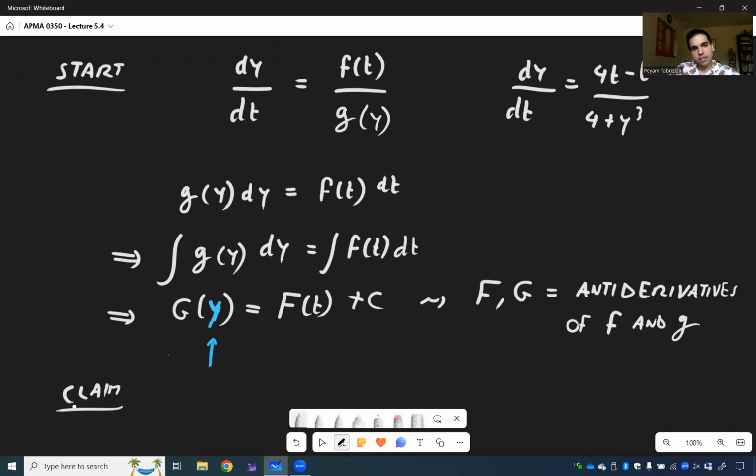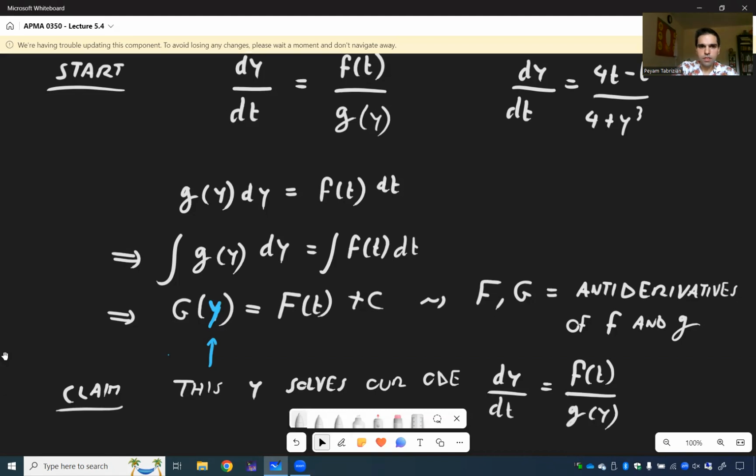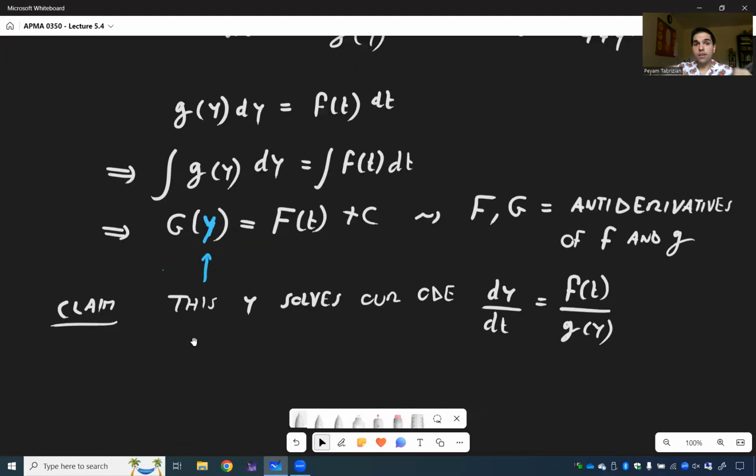So claim: this y solves our ODE, dy over dt equals f of t over g of y. And why is that true? You just start with the equation and use the chain rule. So why?